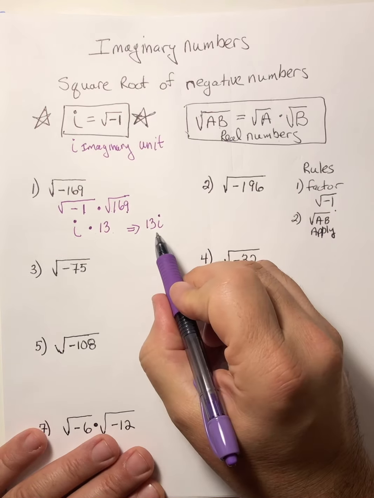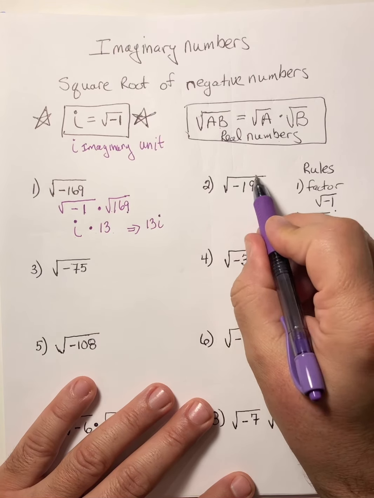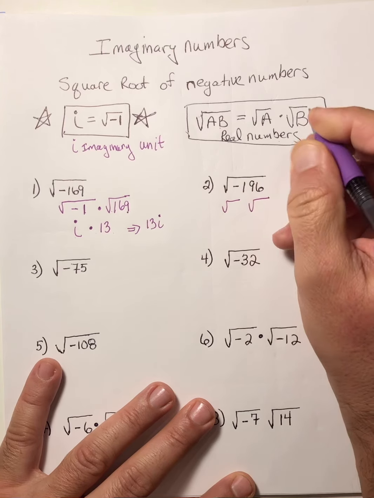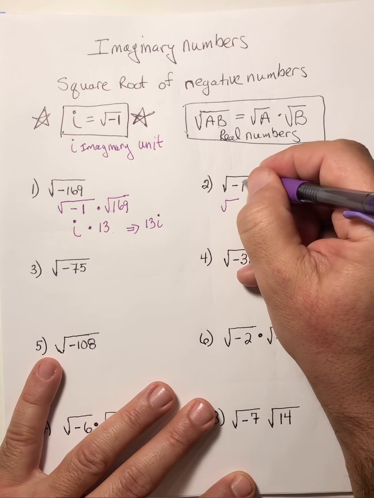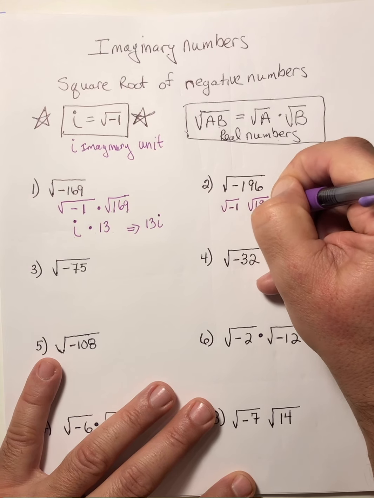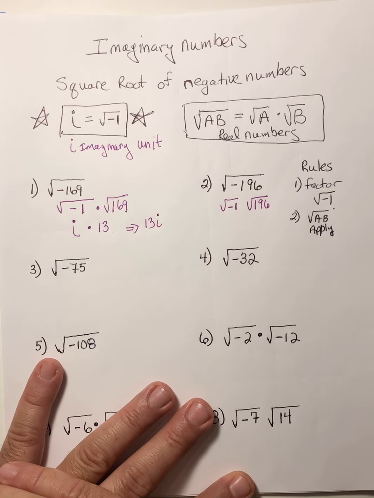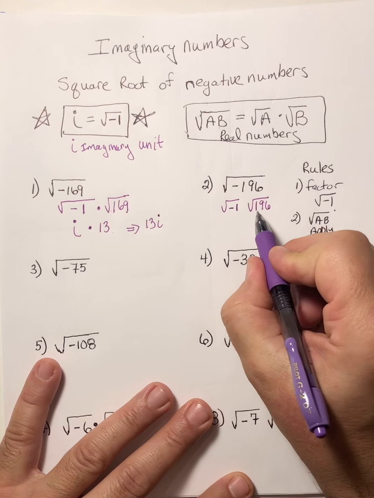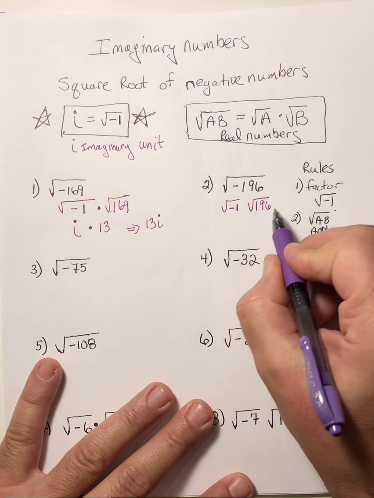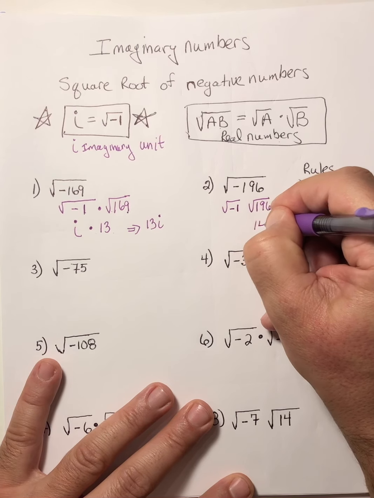Okay, let's look at this next one. The very first thing I'm going to do is put two square root symbols down, with negative 1 times 196. And guess what? 196 is a perfect square. That's right, it's 14.